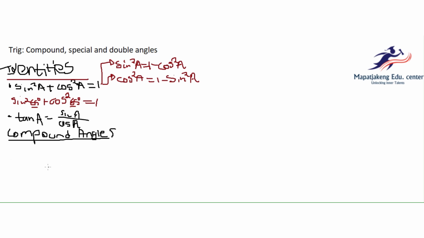So compound angles are those ones whereby if you have cos of the angle A minus B, this is the same as cos A times cos B. Because it's minus, now it becomes plus sine A times sine B. With cos, you say cos cos, sine sine, but because it's minus on the left, it becomes plus on the other side.